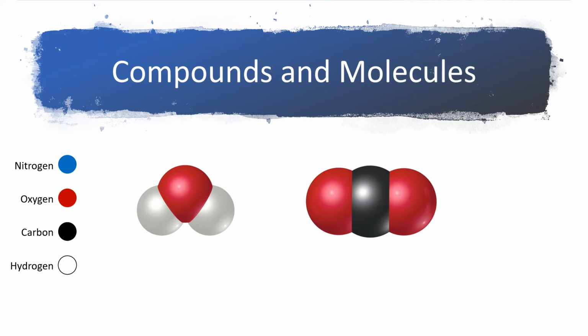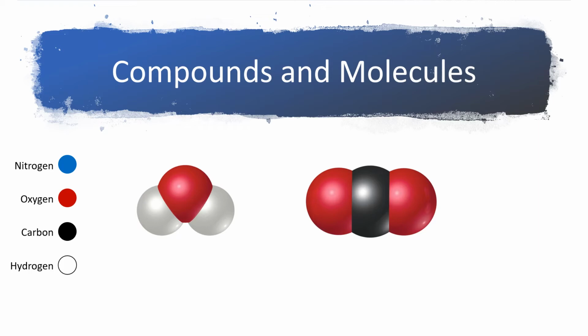There's a fairly standard color coding when we're looking at structures like this. Generally speaking, red is going to indicate oxygen, white will indicate hydrogen, black will indicate carbon, and blue will indicate nitrogen. Other elements may or may not have standard colors, depending on who's doing the drawings.